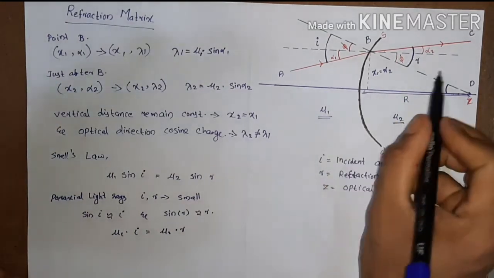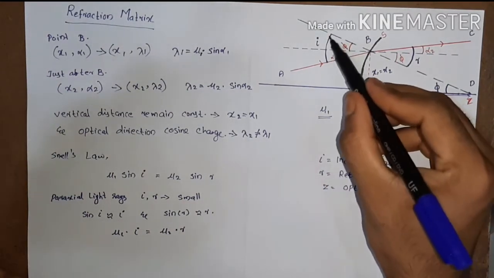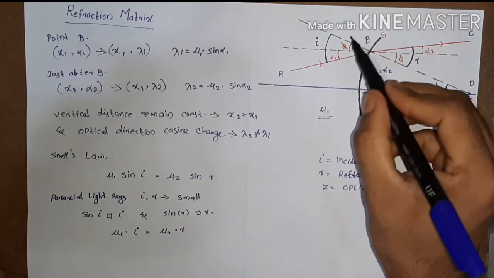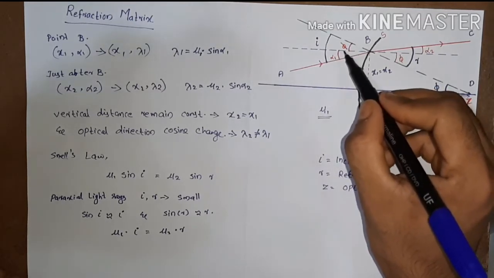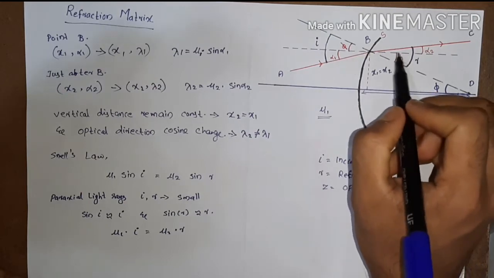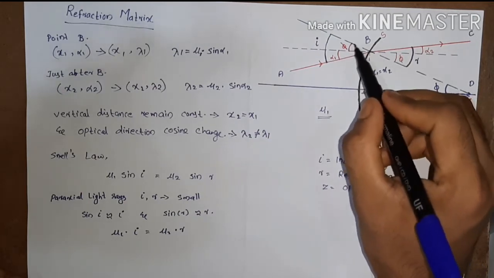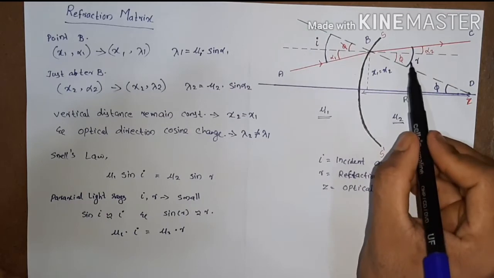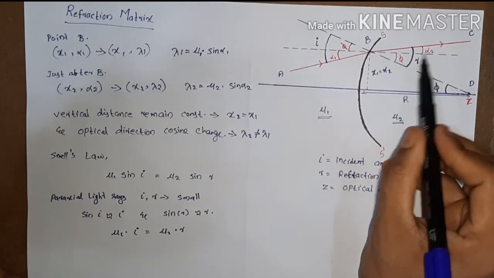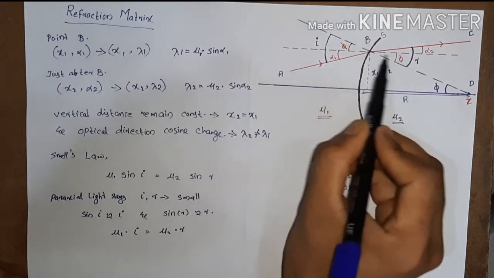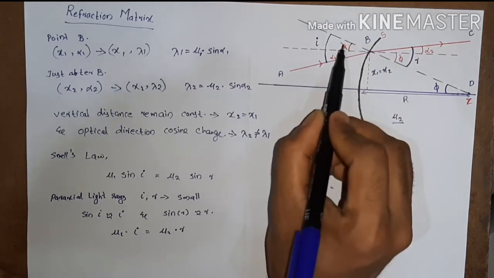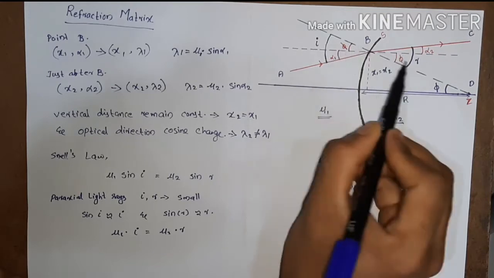Now from this figure we can see that this angle I is made up of two angles, alpha 1 plus phi, where phi is the angle made by this optical axis with respect to this normal. Similarly, the angle R is alpha 2 plus phi. Since this angle is phi and this angle is just opposite to the first angle, these two angles are equal.